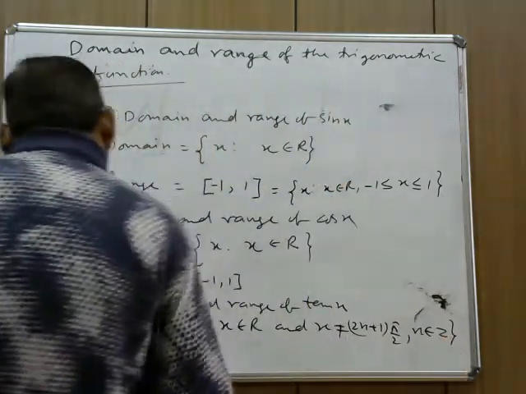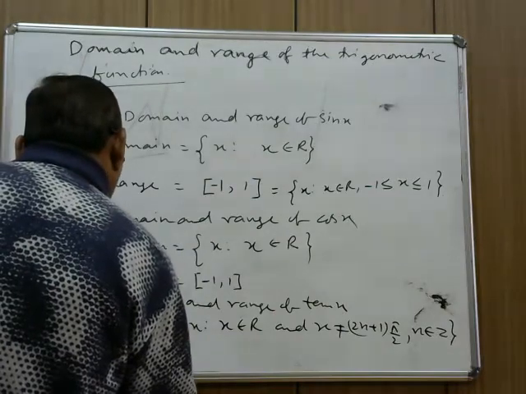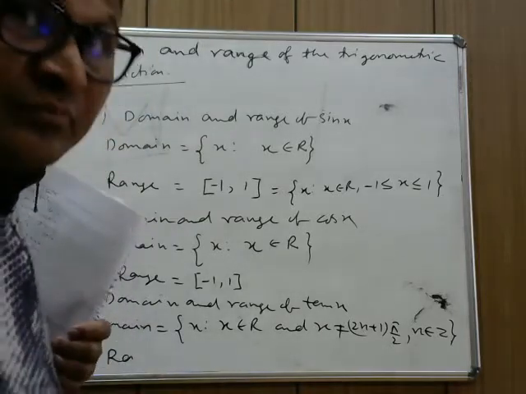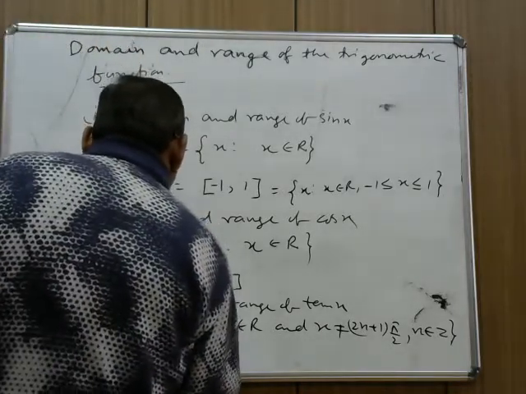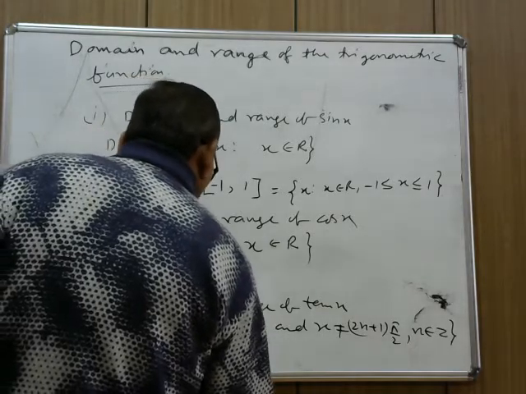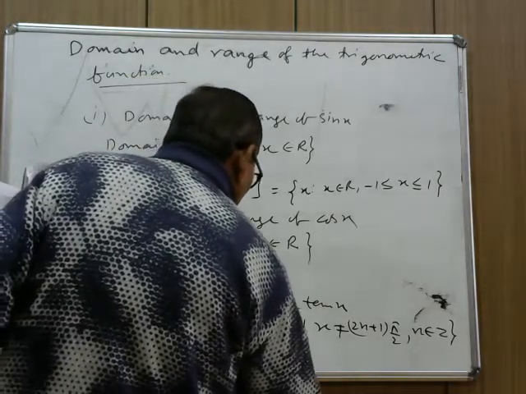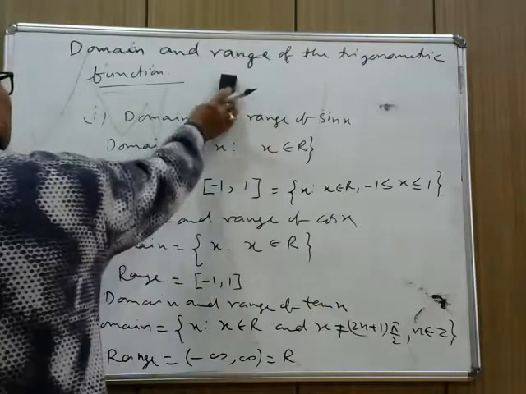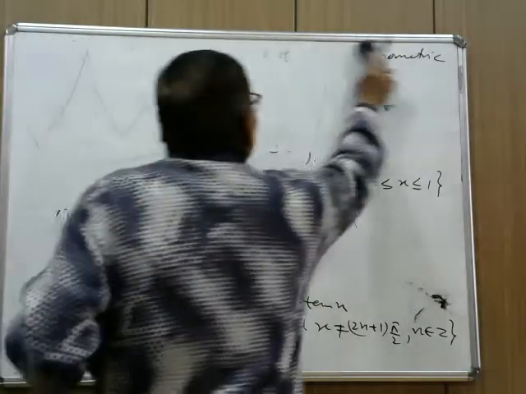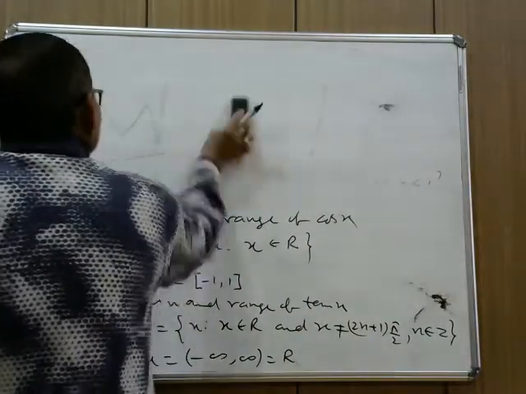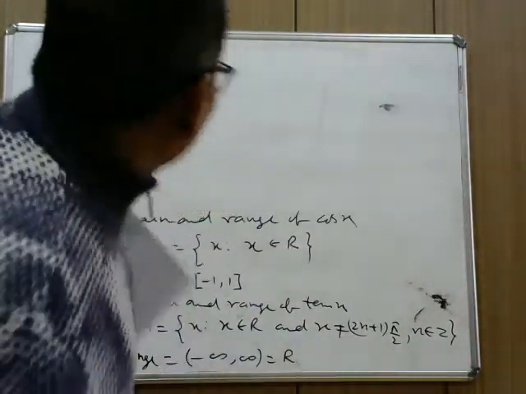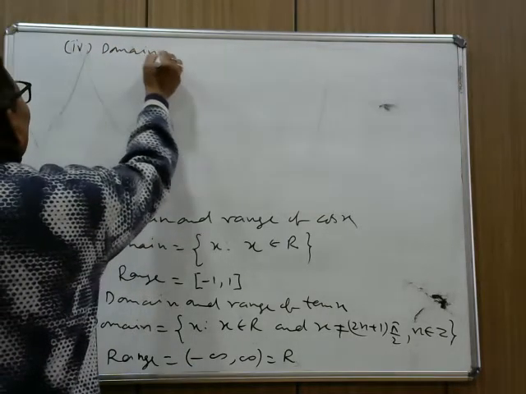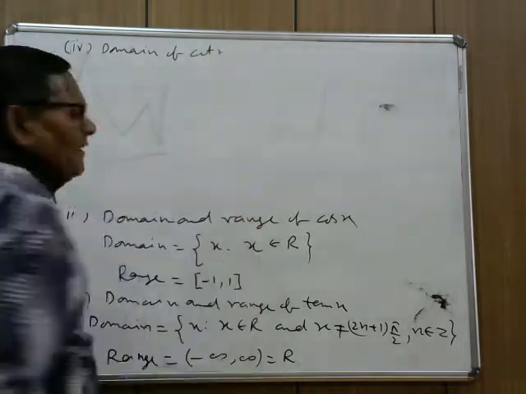This is your domain of tan x. Range equals the open interval minus infinity to infinity, that is R. This is the range. Now next one, fourth, domain and range of cot x.